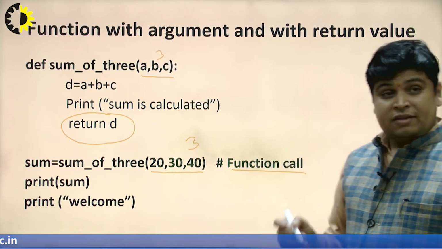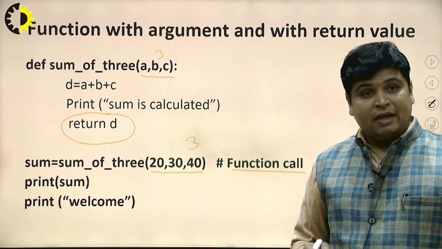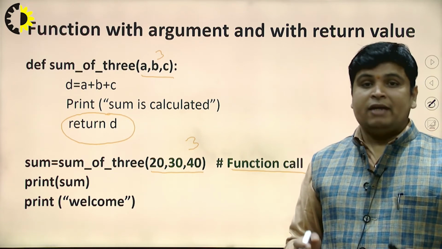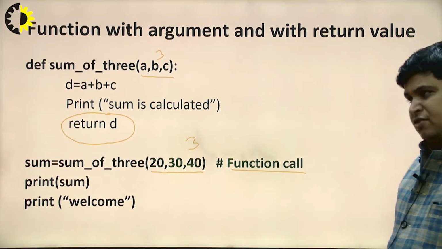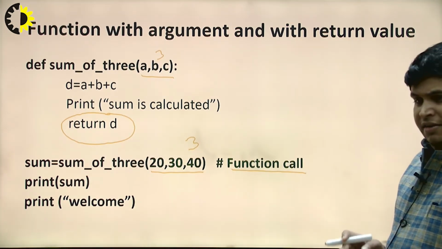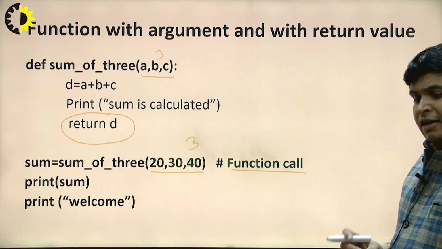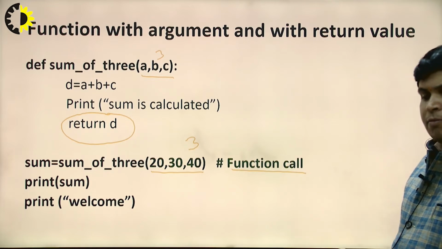These 3 arguments a, b and c may be of type integer, maybe float, and maybe string. No issue at all. The data type depends on the problem.